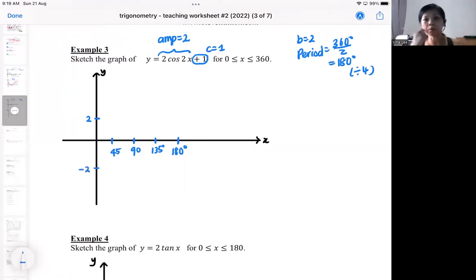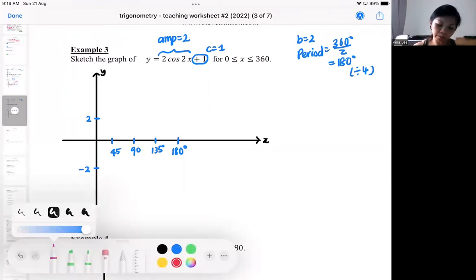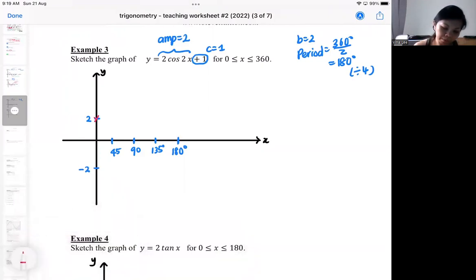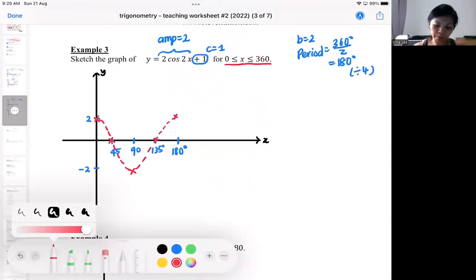So like I said, I'm just going to draw for one period first. So let's have some guiding points to draw for the cosine graph. So this is my one period. Do I need to draw some more? I'm supposed to draw until 360. So I need to draw some more.